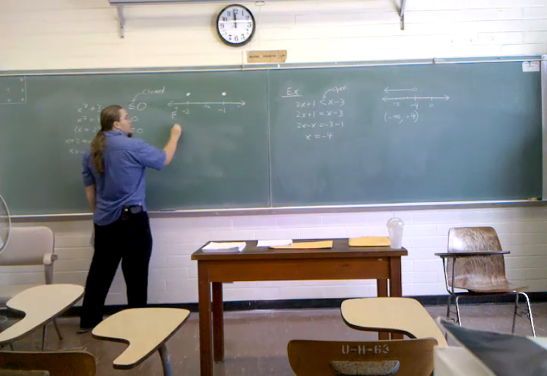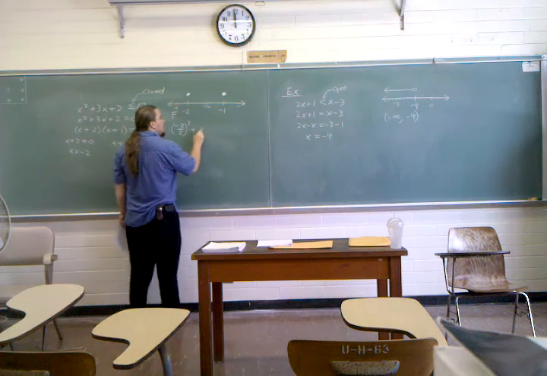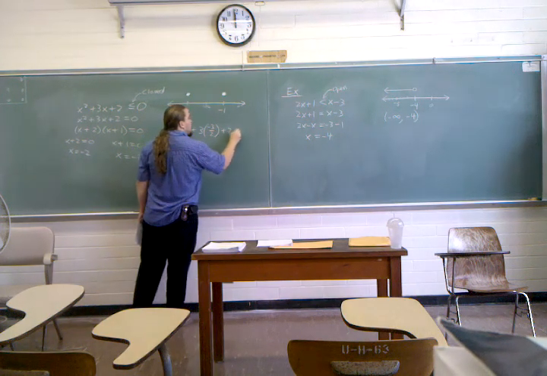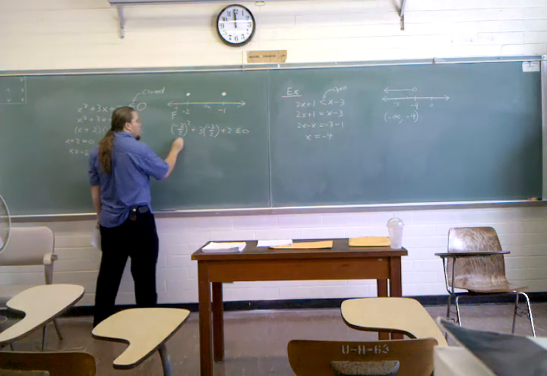The next one, -3/2 squared plus 3 times -3/2 plus 2. Okay, we're going to need to get a common denominator.